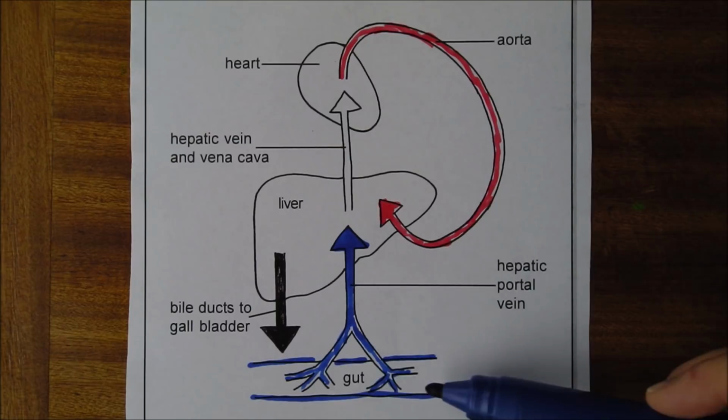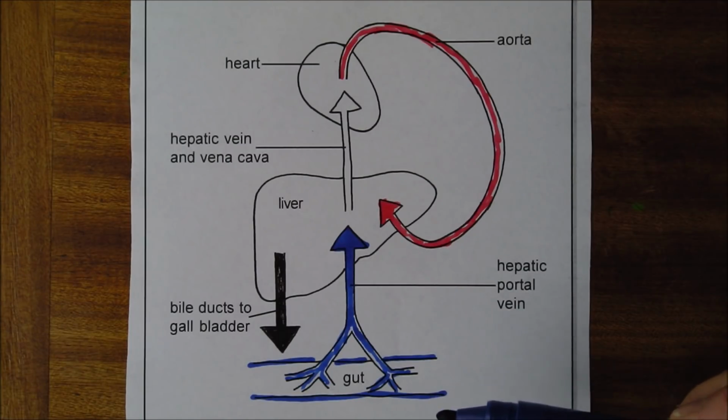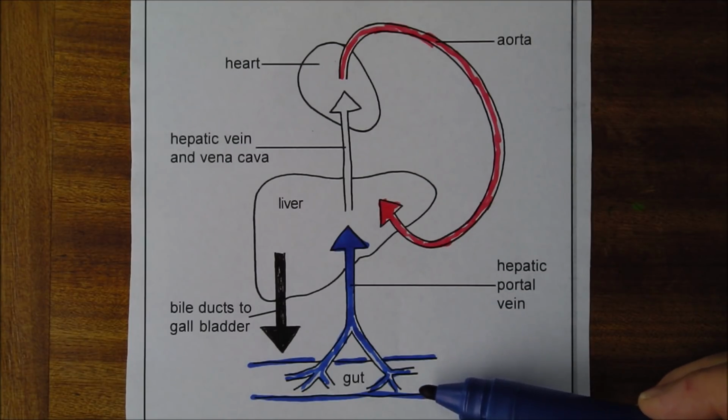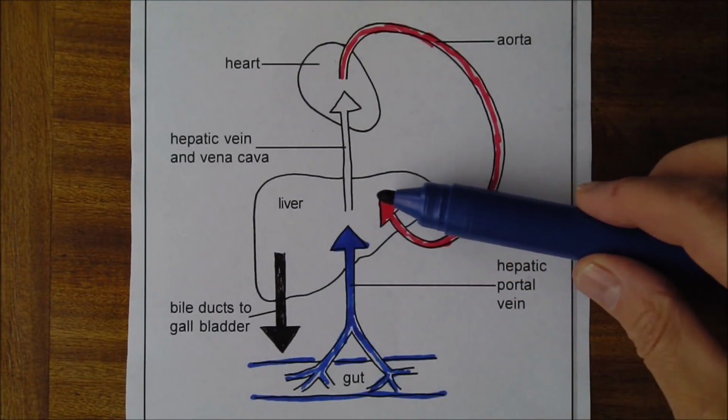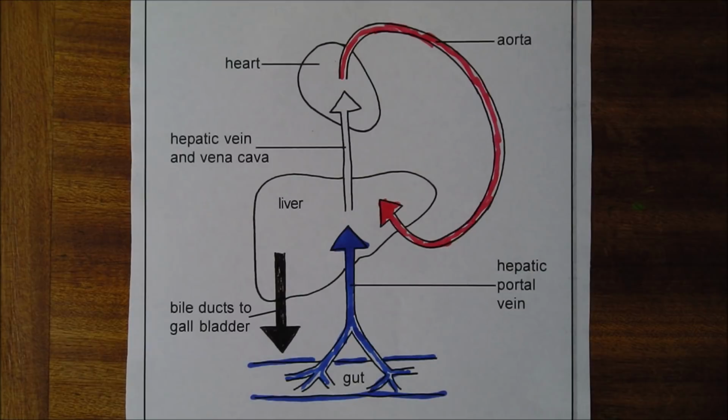And also the bacteria in the gut are going to be producing lots of toxins all the time. And we don't want these toxins to get from the gut into the systemic circulation. So the toxins are filtered through the liver first of all. And that's good, because the liver can detoxify the toxins. That's one of the functions of the liver.